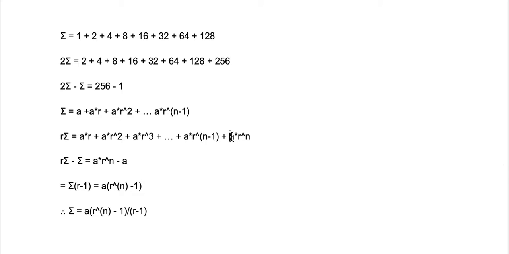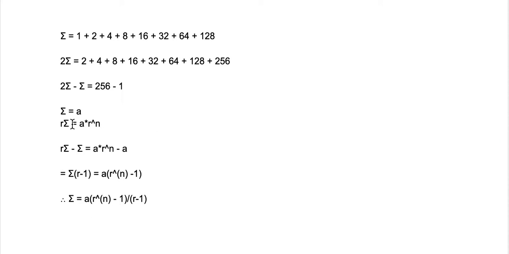And then we are left with a times r to the nth power. And a, we can't eliminate a, right? Because a is not in r times sigma. So we are left with this series of variables and the initial value. Now, look, it's r sigma minus sigma. So we put a times r to the nth power in front, and then a following this series of variables.